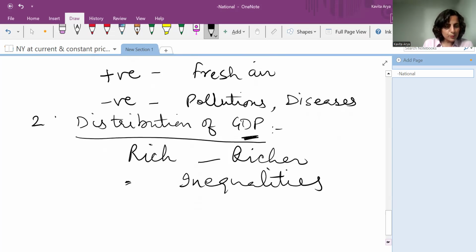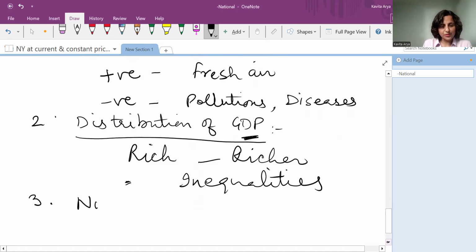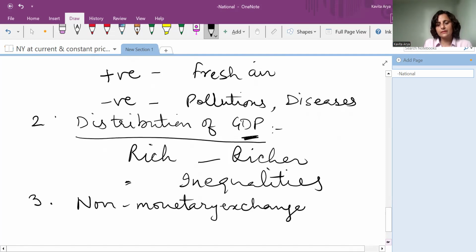Then the next point is the non-monetary transactions or exchanges. What are these? Let's understand. These are those exchanges or transactions which cannot be monetized because of the flaw in the calculation of national income.